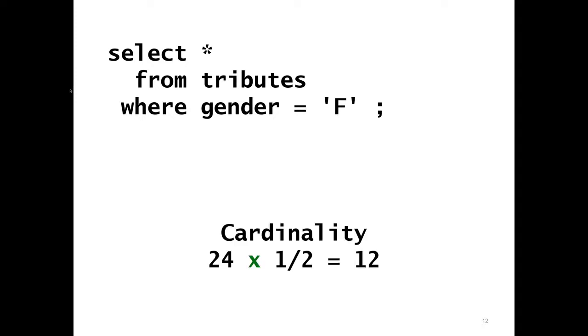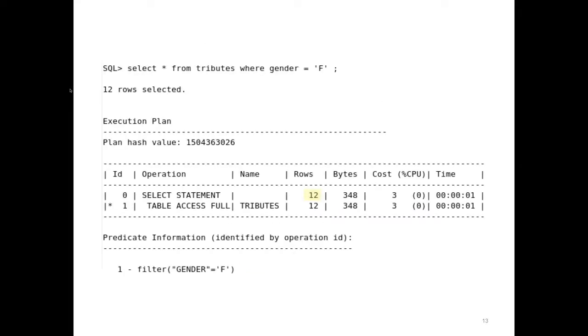So the formula for computing that particular estimated number of rows would be total number of rows in the table, 24 times 1/2, or 50% of the data, equals 12. And as you can see, when we execute it, we get 12 for the estimate, we get 12 for the actual rows returned. Now, it just so happened that our data really and truly did support that even distribution.